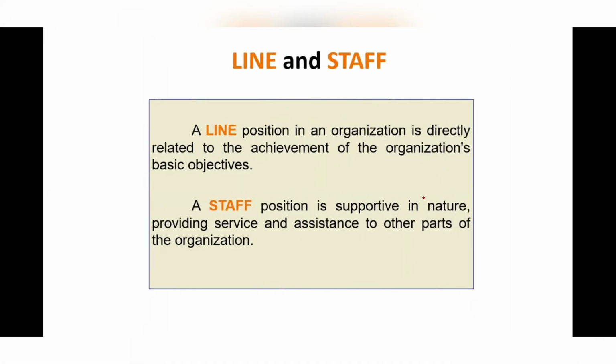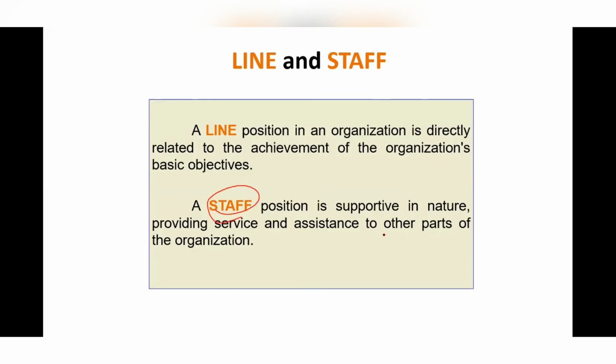Differentiate natin yung line versus the staff position. Ang line position, as mentioned earlier, in an organization is directly related sa achievement of the organization's basic objectives. Ibig sabihin, kung ano yung function, kung ano yung nature ng business, kung sino yung naka-front dyan doing the main objective or main function of the business, sila yung nasa line position. At supportive in nature naman, yung mga staff.